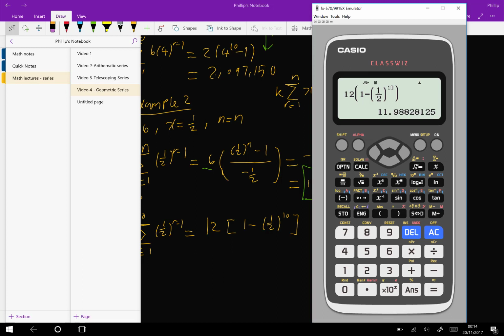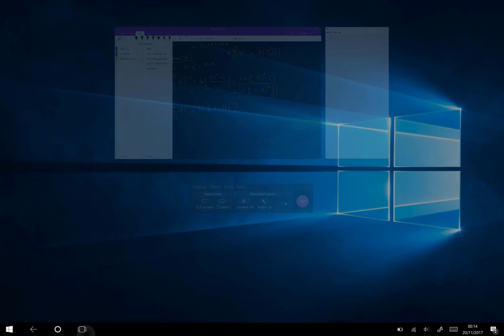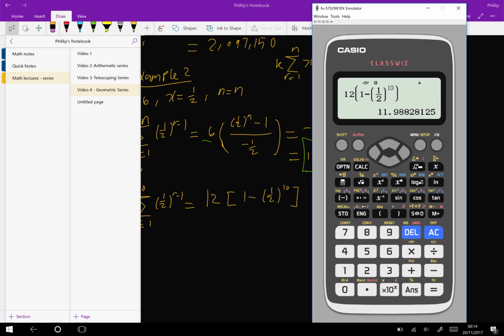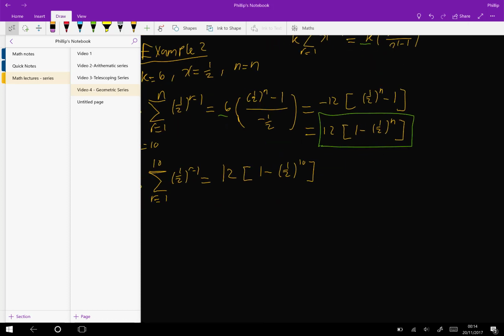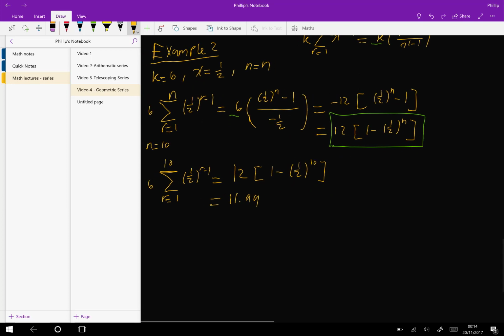What's that going to be equal to? That's going to be equal to 11.98882. So we'll just say 11.99. Why not? Interesting. So here we've got 11.99.